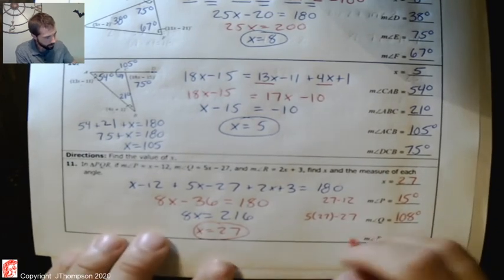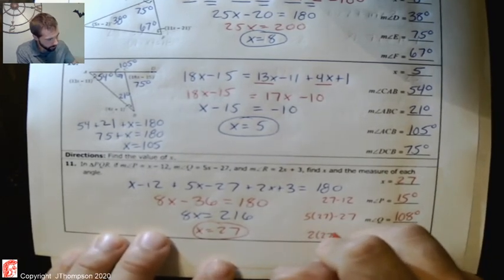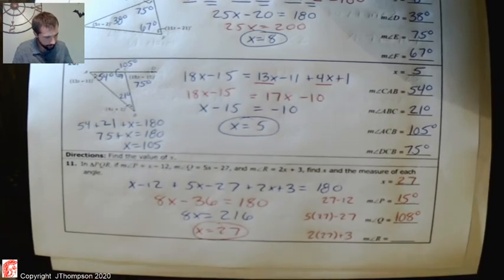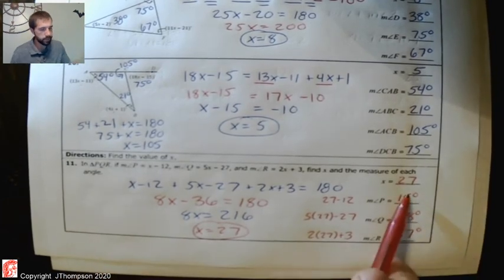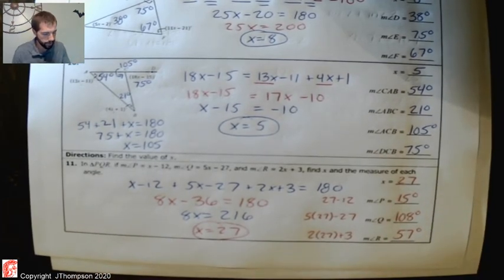Then for angle R, that's going to be 2 times 27 plus 3. That gives us 57. Let's just make sure. The interior angles of every triangle should always add up to 180. So 108 plus 15 plus 57 comes out to 180. So now we know our answers are right.